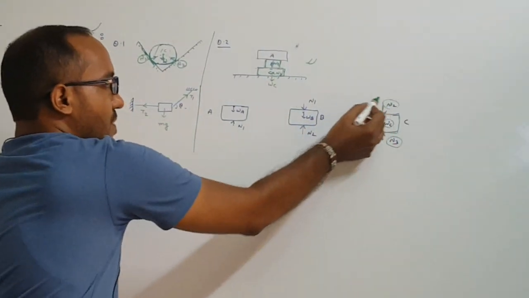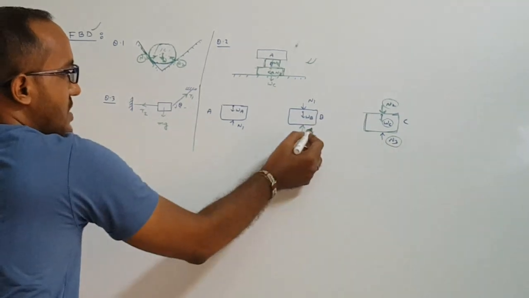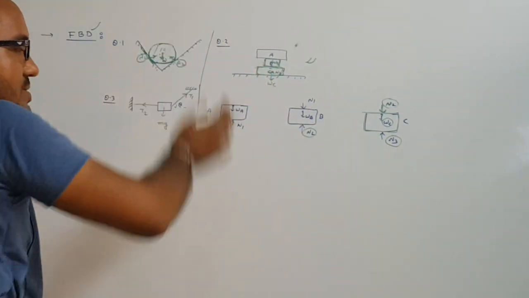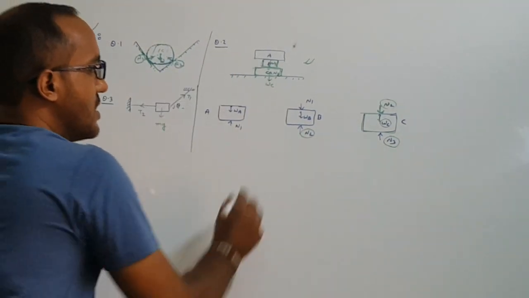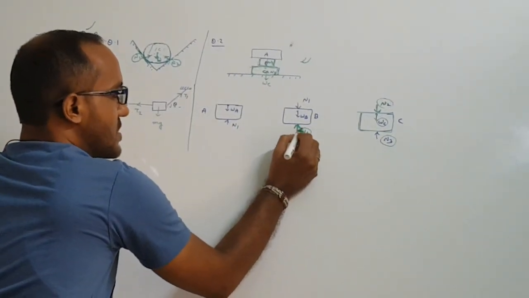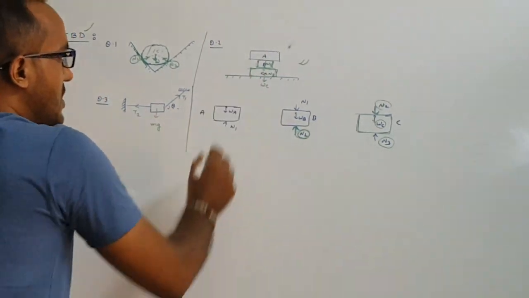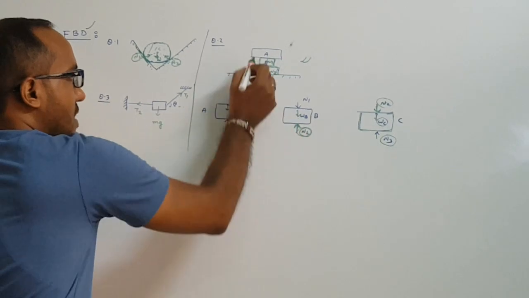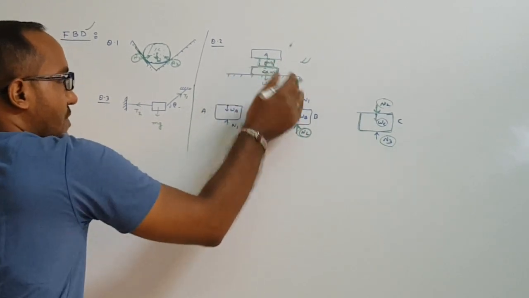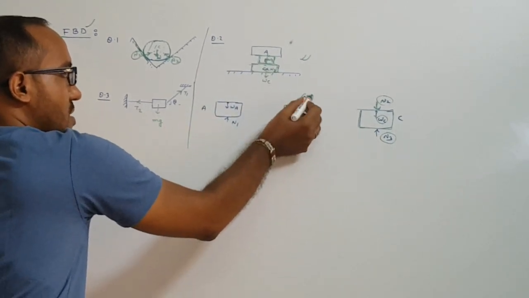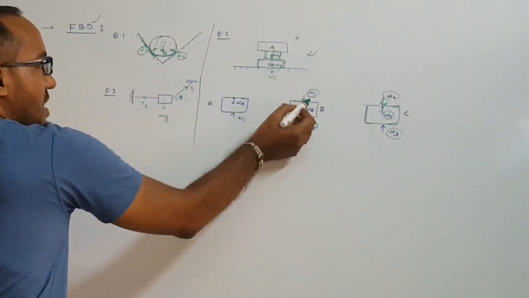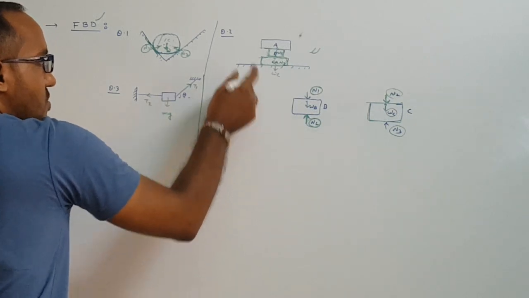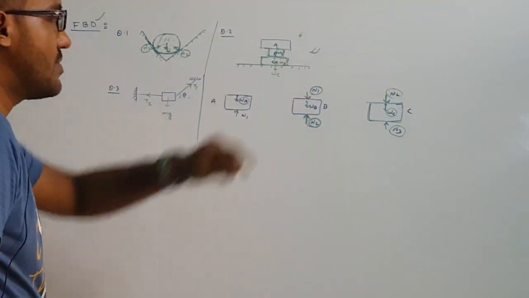So N2, and this N2 will be equal and opposite for B. So this surface will give an equal and opposite reaction force to object B, towards the object. That means this N2 is upward. Weight of B is downward, and for this surface the normal reaction force is downward, that is N1, and for the upper surface we have this N1 on the upper side, and we have weight WA downward. So that is all about FBD.